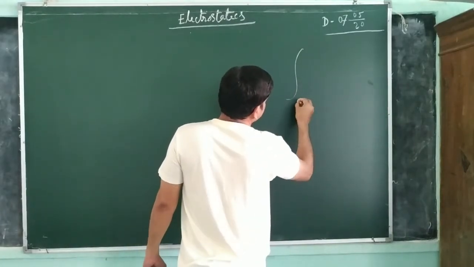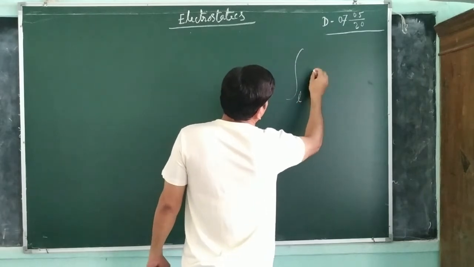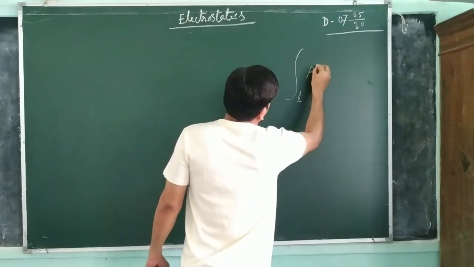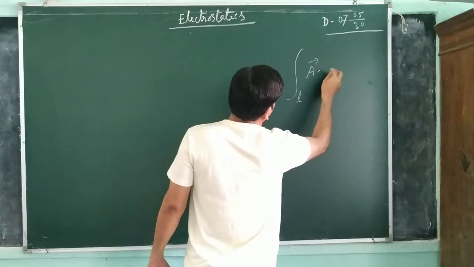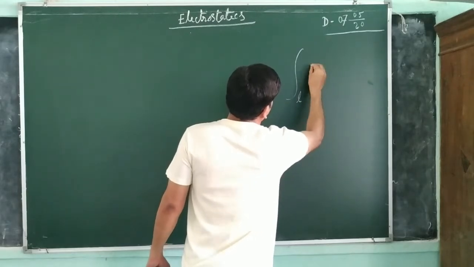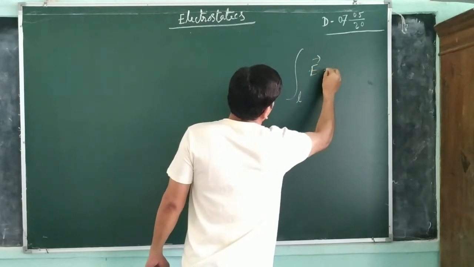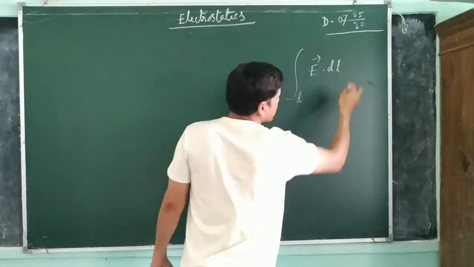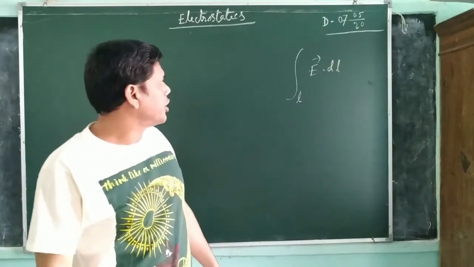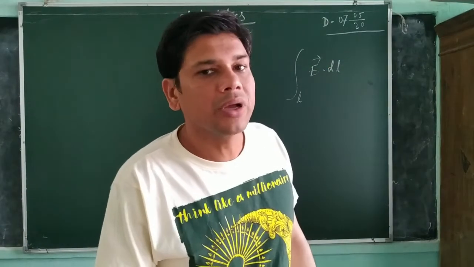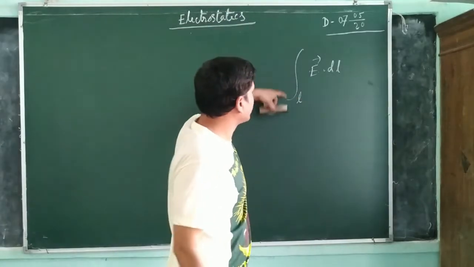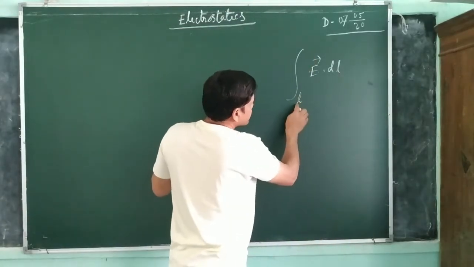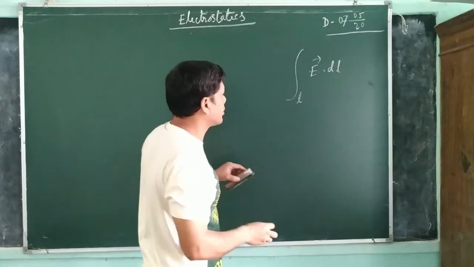One is called line integration, like any vector A, or you can write vector E dot dl. dl means a very small infinitesimal length of a line. So this is called line integration, with L meaning line integration here.